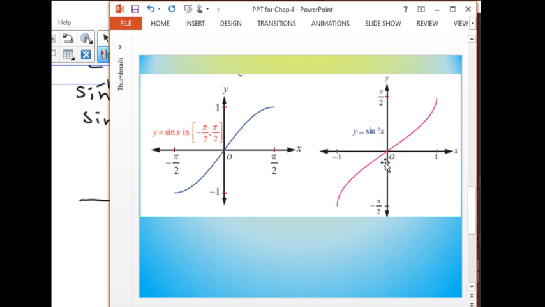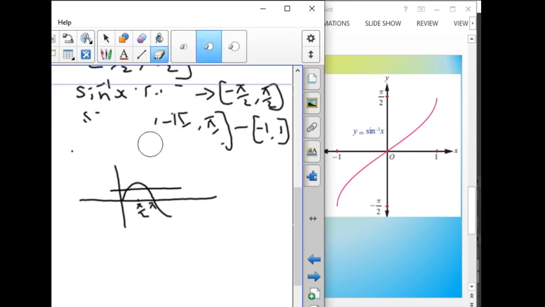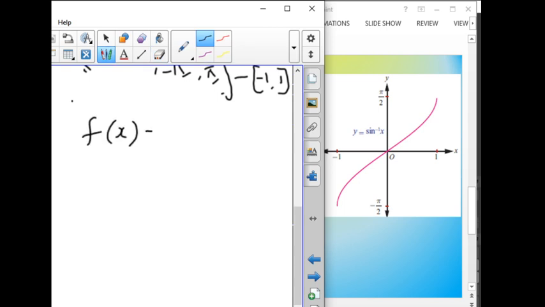Okay, and also we can use this definition. We know that odd functions are symmetric with respect to the origin. What is an odd function? A function is said to be odd when f of x is equal to f of minus x is equal to minus f of x.